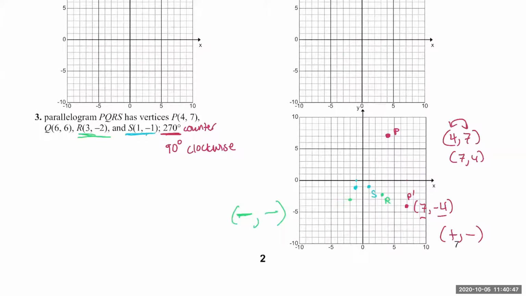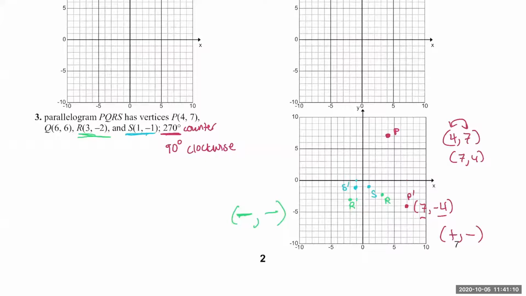Okay, good. So some of you guys corrected yourselves. So this is now my R prime. Let me make sure I erase this one, that was my S prime. The correct answer was -2, -3.